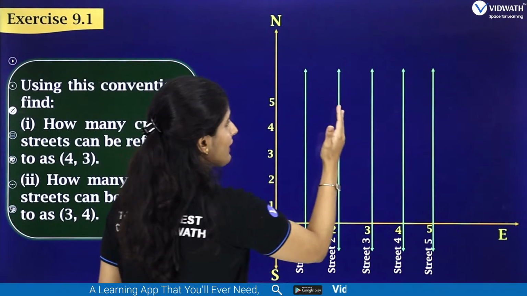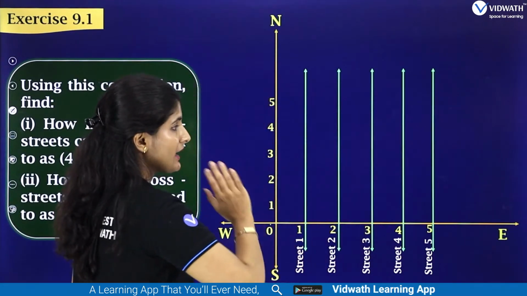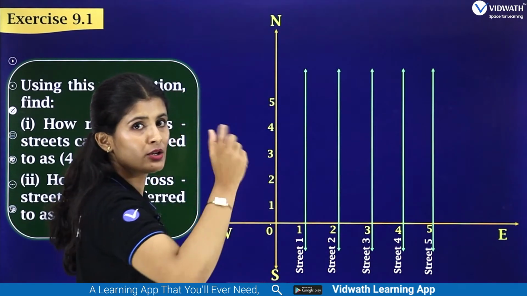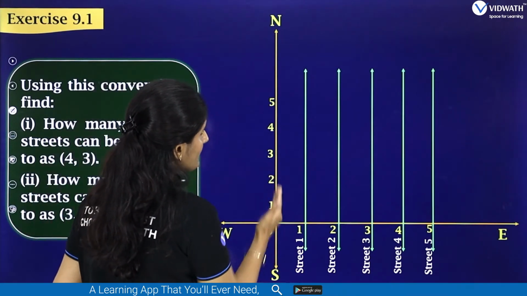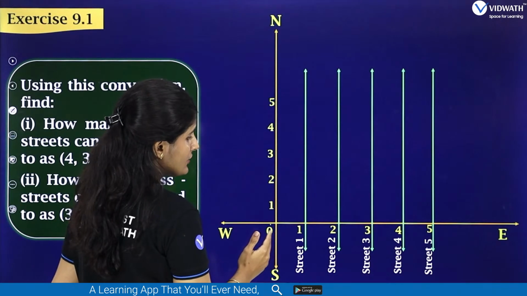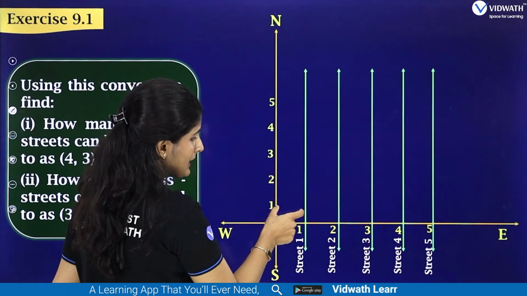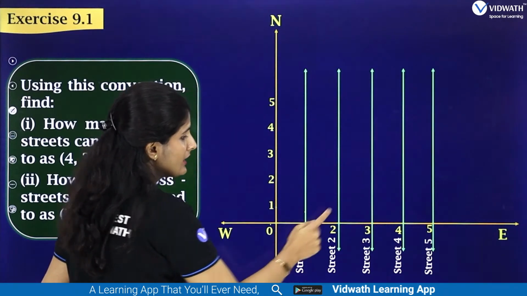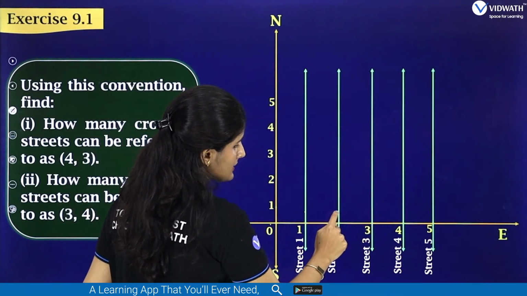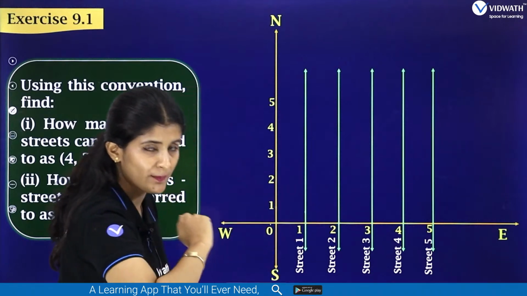So, we have 5 parallel streets that are equidistant from the consecutive streets. That is, from the main road in the north-south direction, the first street is 200 meters apart. The second street is 200 meters apart from the first street. The third street is 200 meters apart from the second street, and so on.